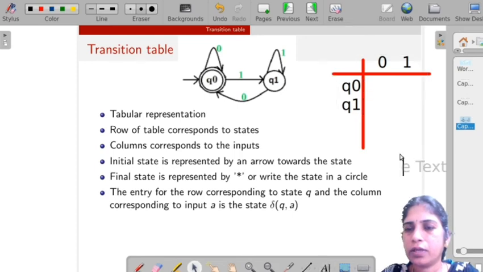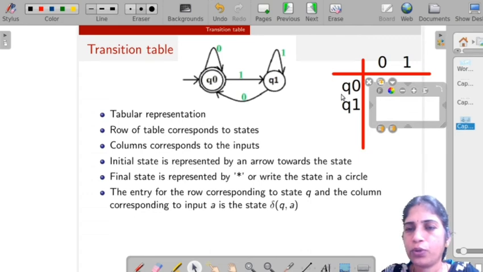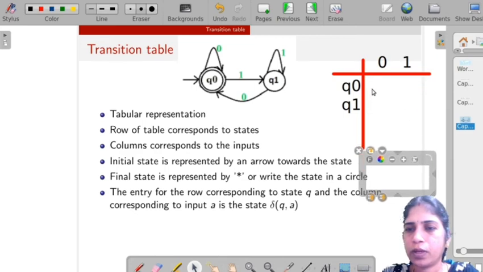Each entry in the table represents, for the row q0 and column 0, the value of delta of q0 comma 0.